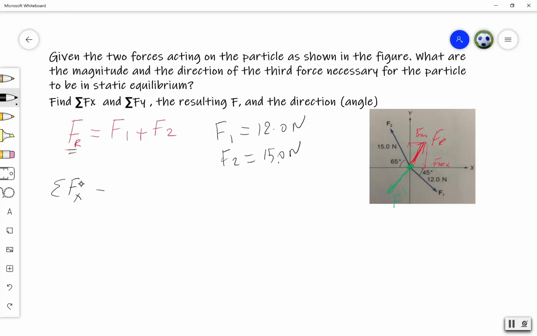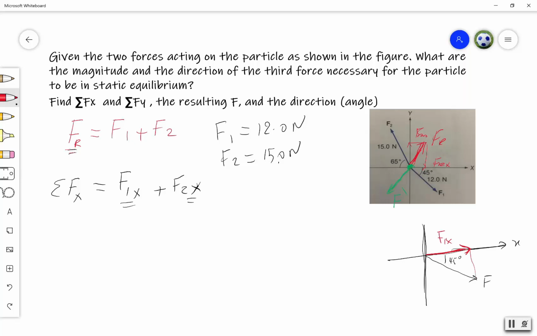This sum is F1 in the x direction plus F2 in the direction of the x-axis. How do we find these two? Very simple. Let's see this. This is F1x.